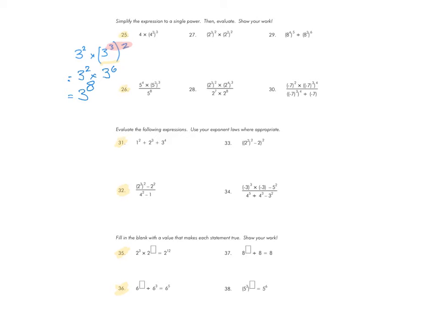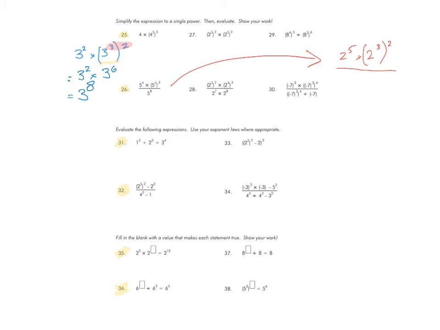26 is very similar. And again, I'm not going to do question 26, I'll do a question like 26. And I'm going to do that question over here just so that there's room. The difference with 26 is that there's something on the bottom. So let's say we had 2 to the exponent 5 times 2 to the exponent 3, and we'll say that's squared.